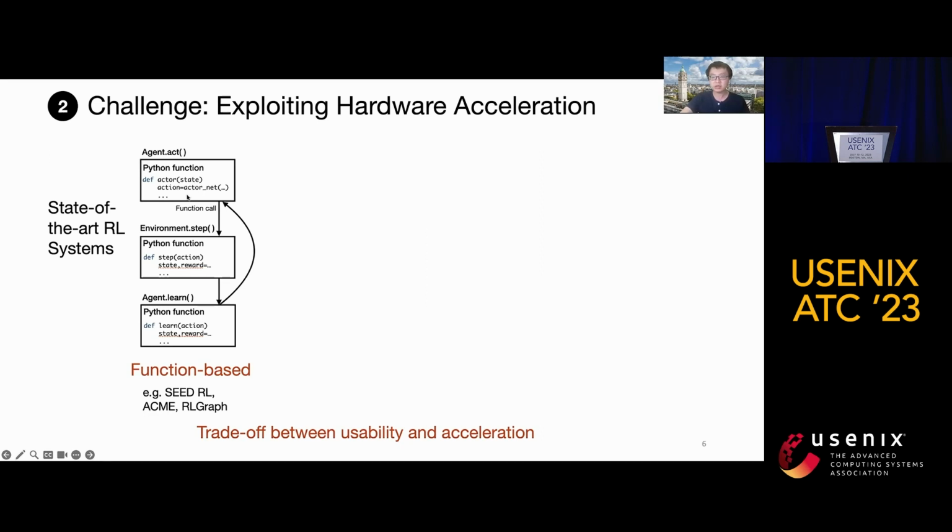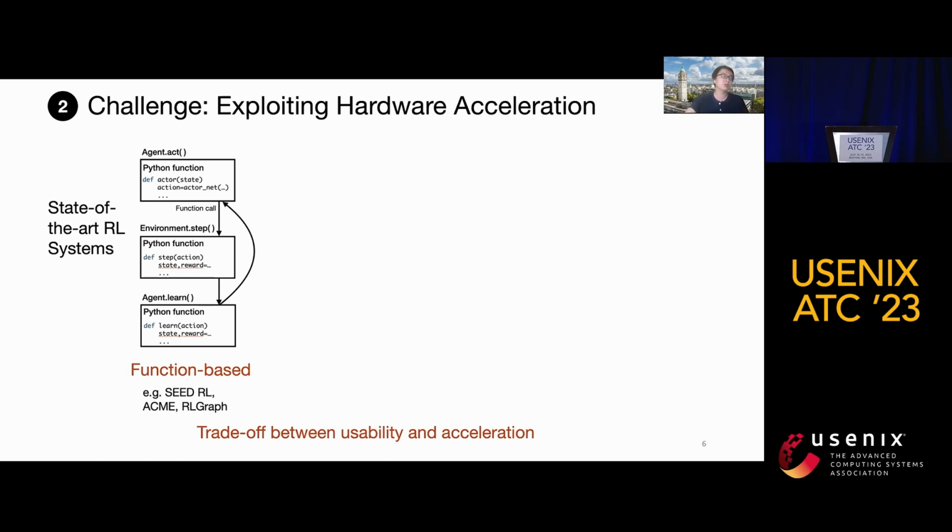The advantage is that the algorithm is very easy to develop using these systems. However, due to the limitation of Python, only a small amount of the code can be parallelized or accelerated by the hardware, because most Python code can only be executed on CPUs. Therefore, the performance of these systems is very limited.